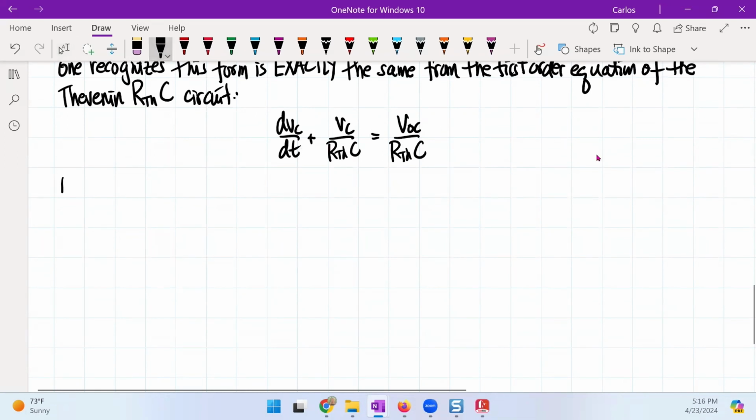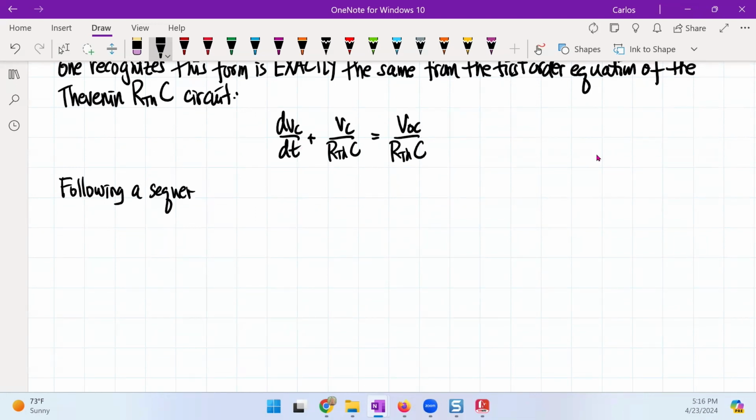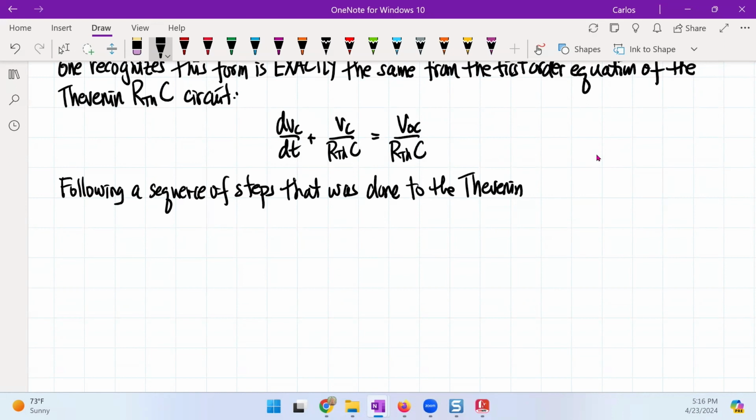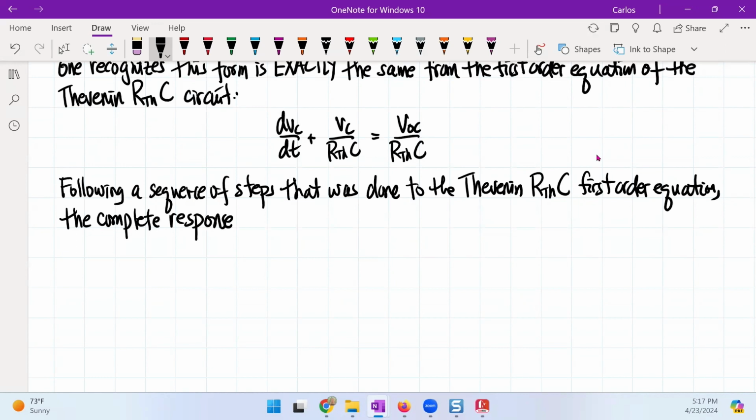Following a sequence of steps that was done to the Thevenin RTH first order equation, the complete response of the Norton RNL circuit is as follows.